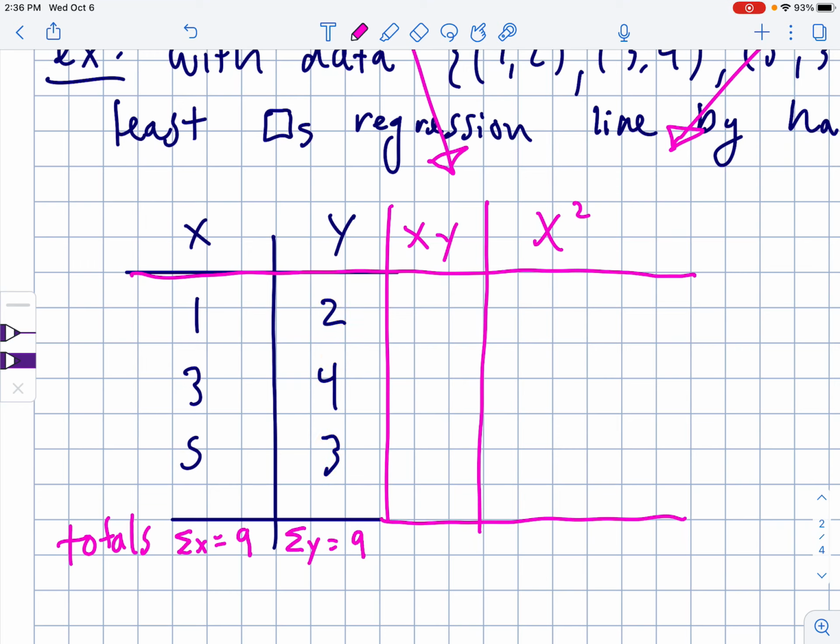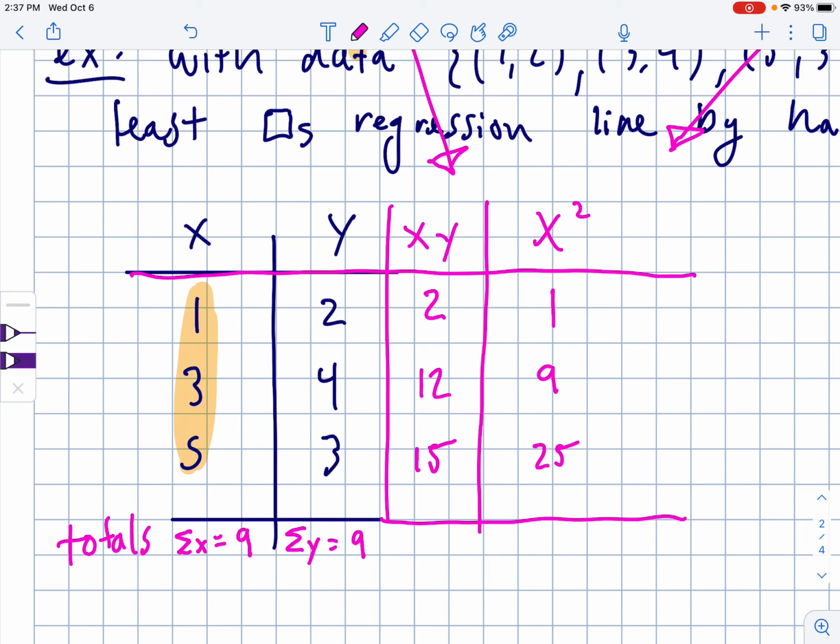Then xy means multiplying x and y together. So we're going to multiply 1 times 2 to get 2, 3 times 4 to get 12, 5 times 3 to get 15. And then the x squared column literally means taking all of the x column and just squaring it.